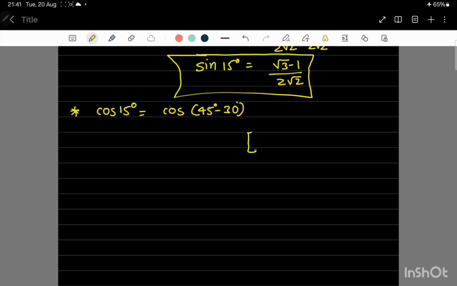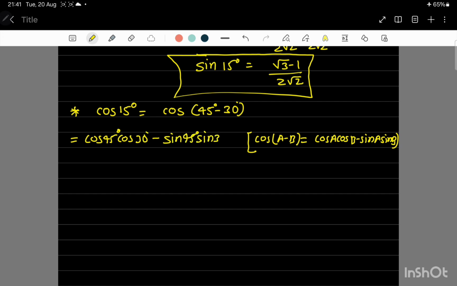So we know the formula of cos A minus B. Cos A minus B is equal to cos A cos B plus sin A sin B. So cos 15 degree is cos 45 degree into cos 30 degree plus sin 45 degree into sin 30 degree. So cos 45 degree means 1 by root 2 and cos 30 degree is equal to root 3 by 2.